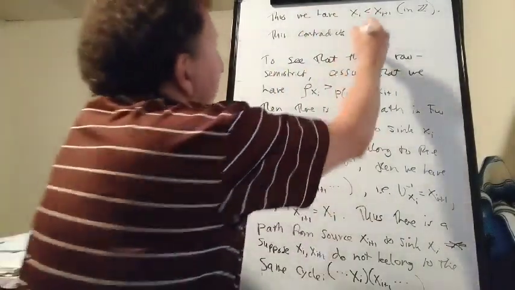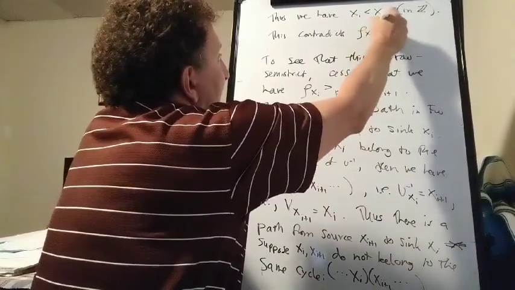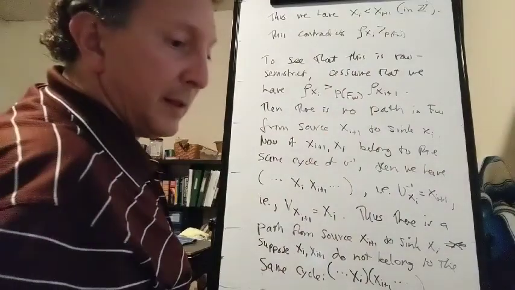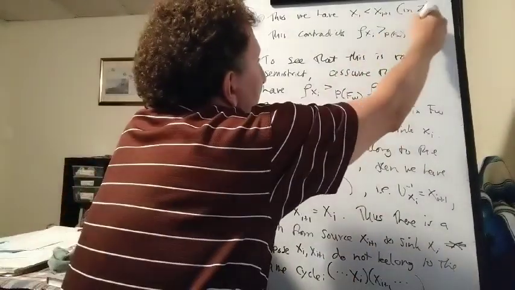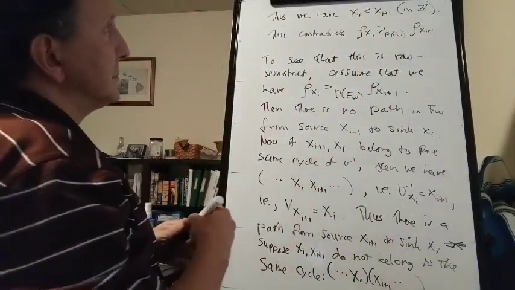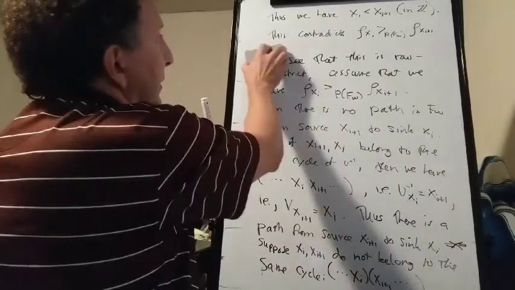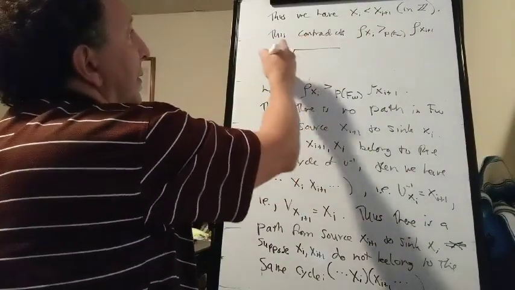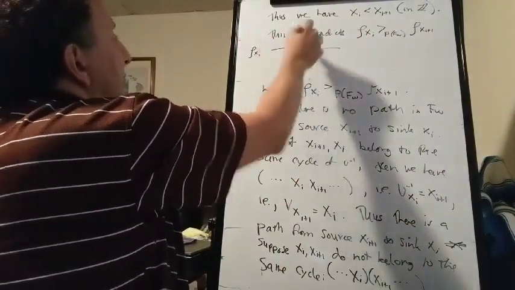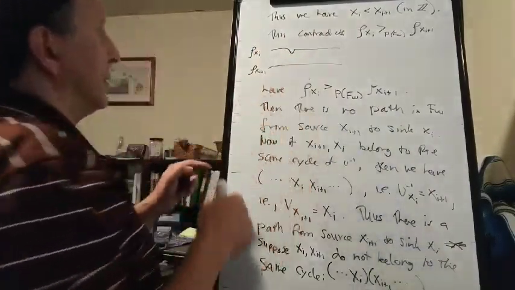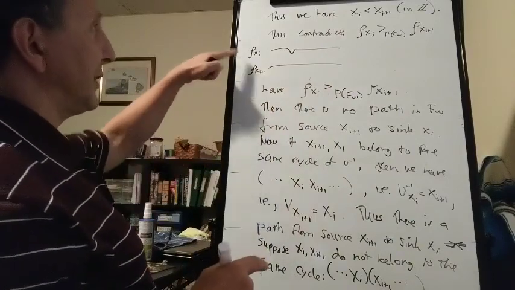Now this contradicts rho xi being greater in the path poset of FW than xi plus 1. Because greater in the path poset means that rho xi is up here and rho xi plus 1 is down there, but we're numbering these from bottom to top, so that's impossible.